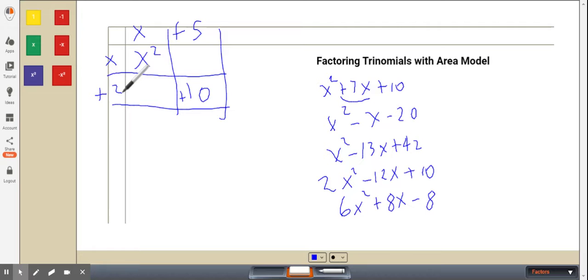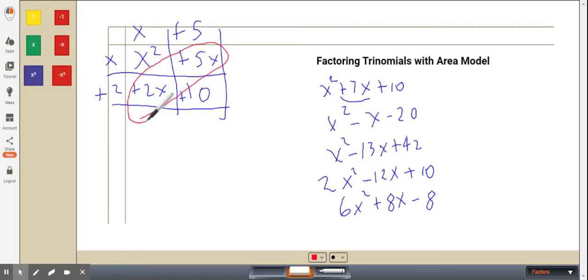And now let's expand these just like we did before. So if I multiply x times positive 5, I get 5x. And if I multiply 2 times x, I get positive 2x. And I can see very easily that my expansion is correct and that my diagonal adds to 7x. You can see that 5x plus 2x is 7x, which is my midterm.